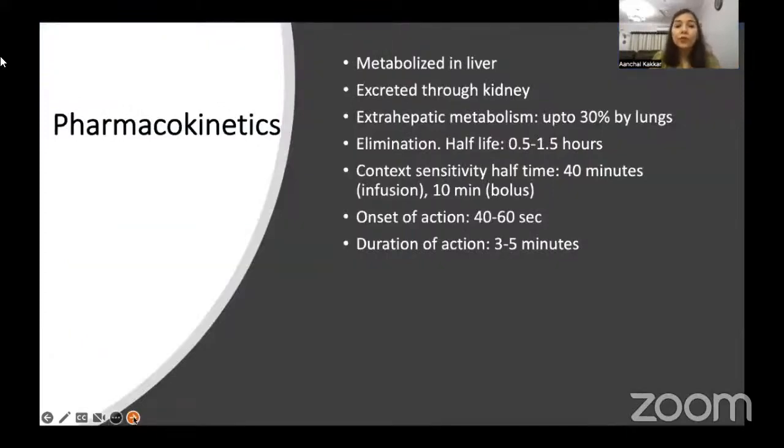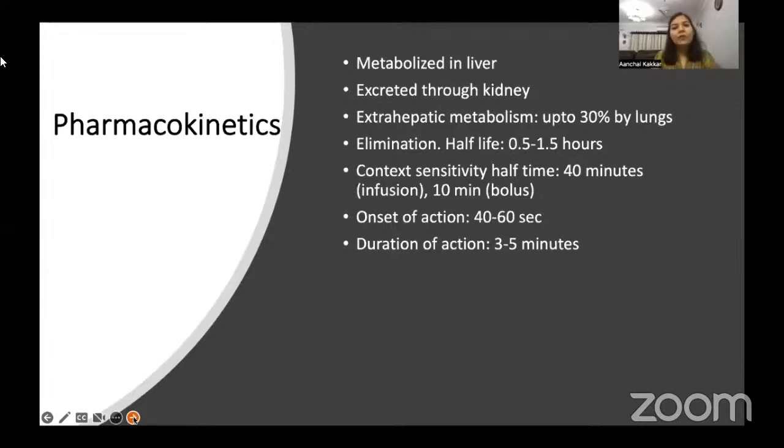Coming on to the pharmacokinetics. By pharmacokinetics, what do you understand? How the drug is metabolized, what is the onset, what is the elimination. Propofol is metabolized in the liver and excreted through the kidney. There is evidence which shows that 30% of the drug is also metabolized in the lungs.